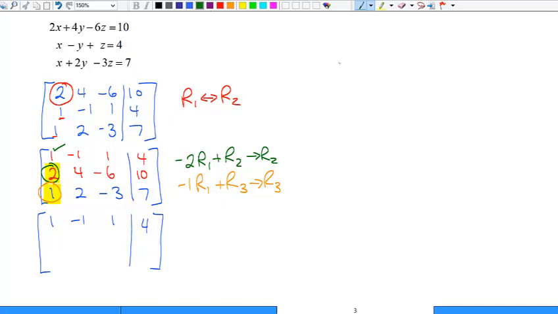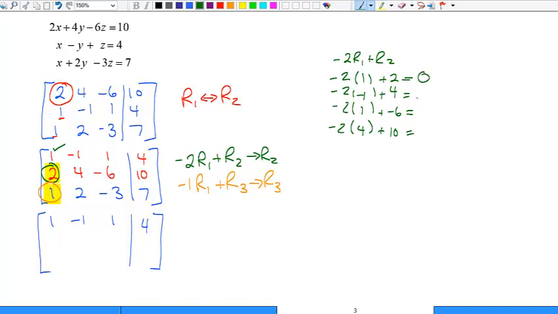So I'm going to do negative 2 times row 1 plus row 2. I'll do this one horizontally and I'll do the other one vertically. You should just pick which method you like and stick to it. Okay, negative 2 times row 1. So my row 1 is 1, negative 1, 1, and 4. Add it to row 2, which is 2, 4, negative 6, and 10.